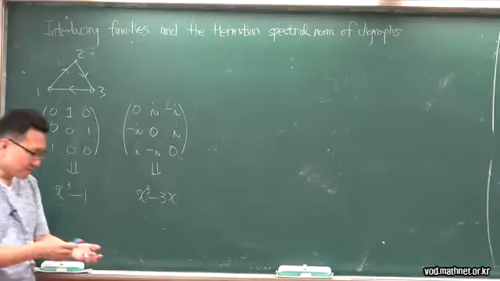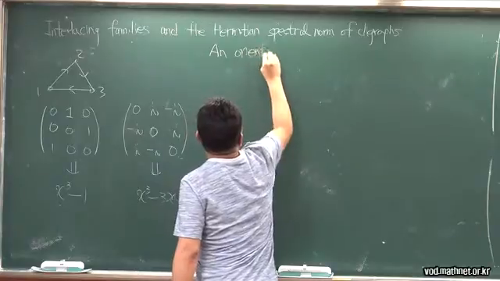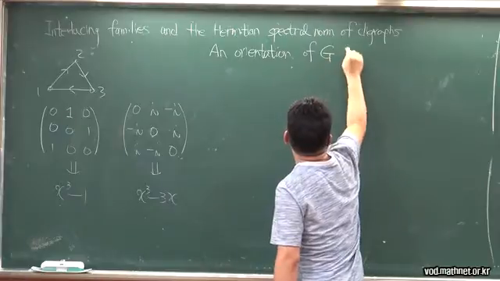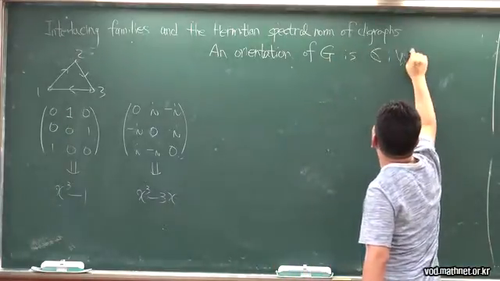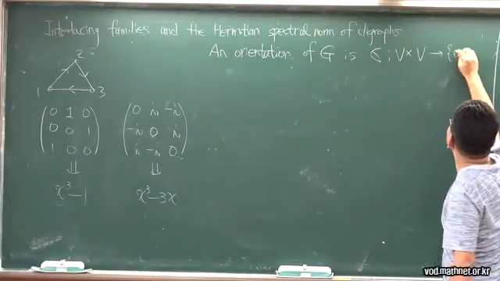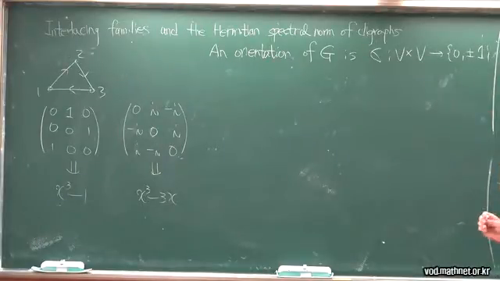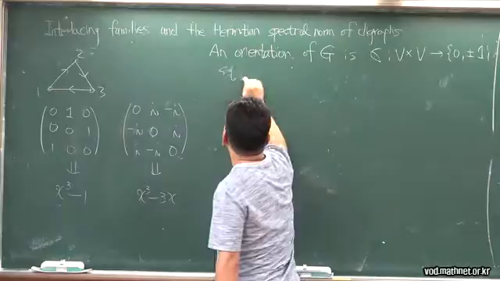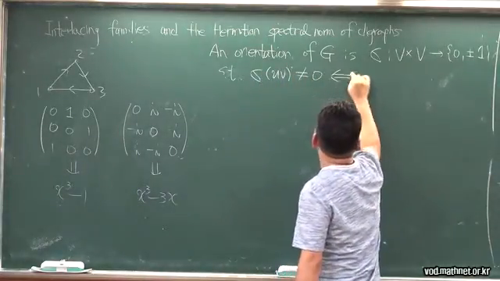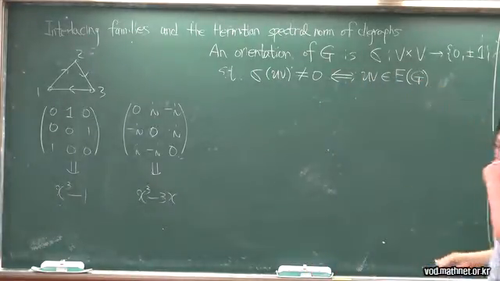So let me give a formal definition here. An orientation of a graph G is a function sigma from the Cartesian product of the vertex set with itself to the 3-element set {0, 1, minus 1}, such that sigma of uv is not equal to 0 if and only if uv is an edge here.